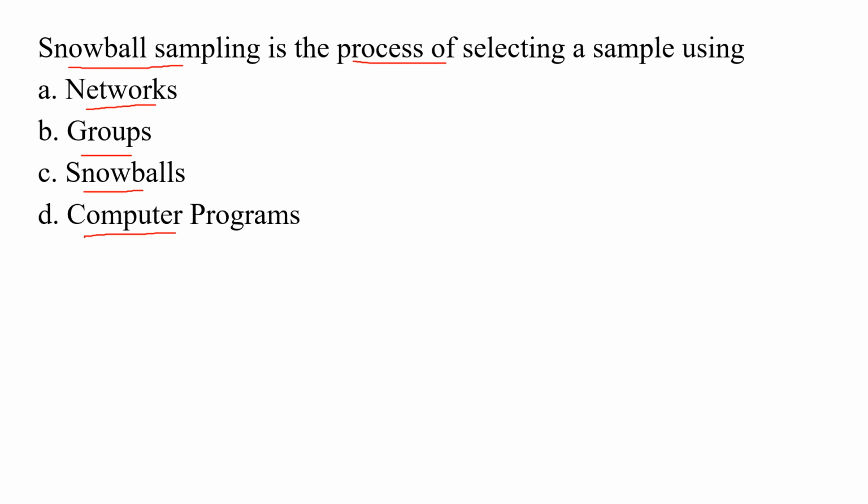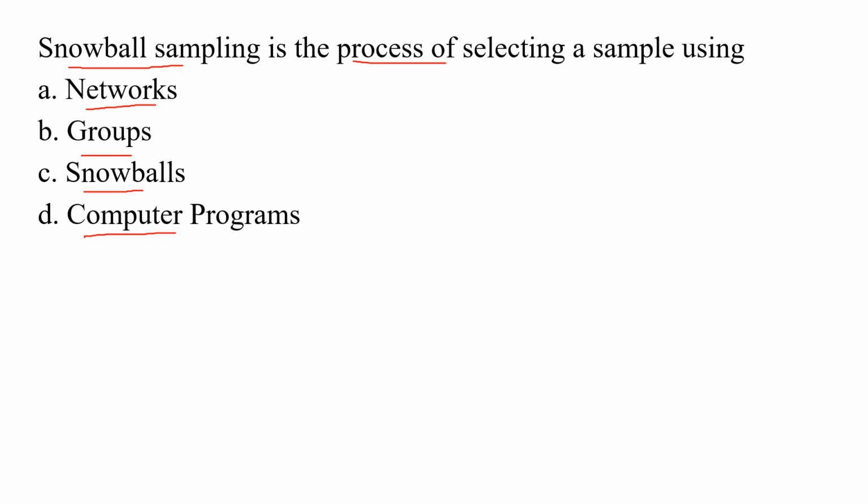Sampling in research is the process of selecting units from the population of interest so that by studying the sample we may fairly generalize the results back to the population from which they were chosen. The objective of sampling is to derive the desired information about the population at minimum cost and maximum reliability. Okay. Snowball sampling.